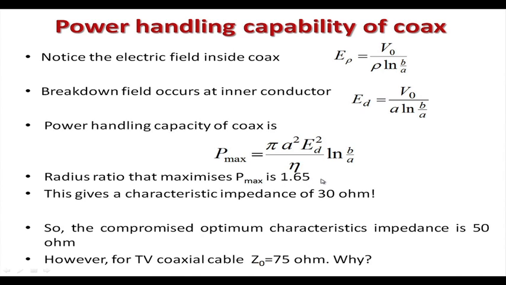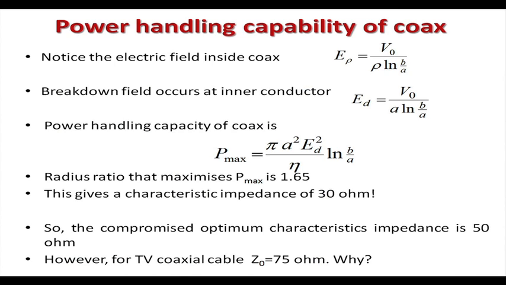that turns out to be 1.65, and if you put this in the characteristic impedance it gives 30 ohm. So, two considerations: whether you want the loss to be minimum or you want breakdown to take place. Now, one side says make B by A large, 3.6, another side says make B by A small, 1.65.